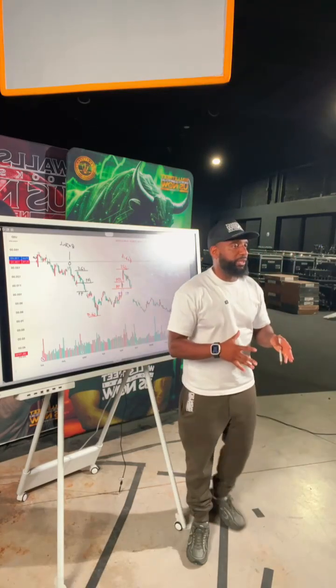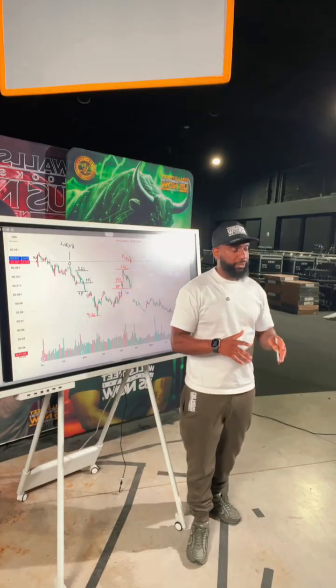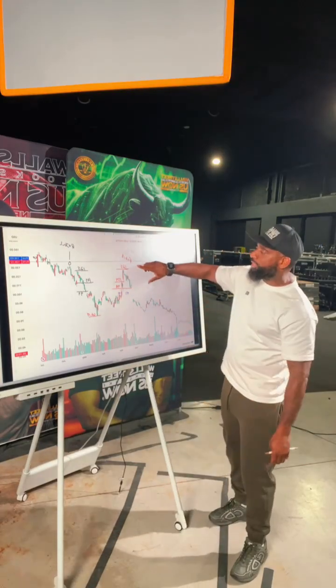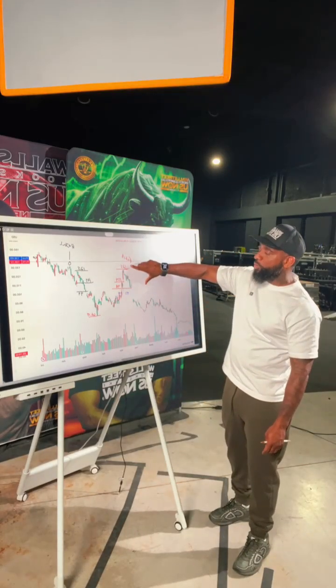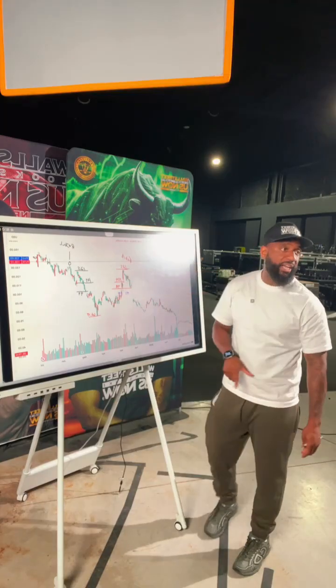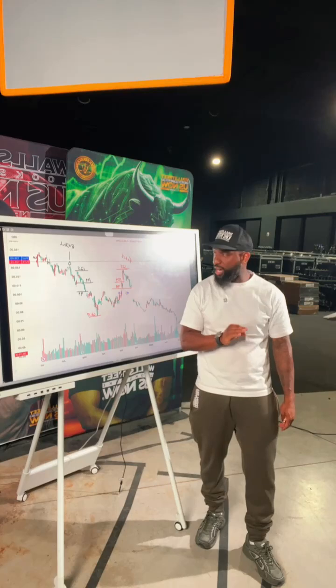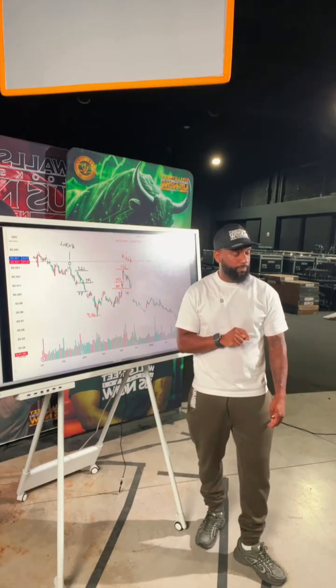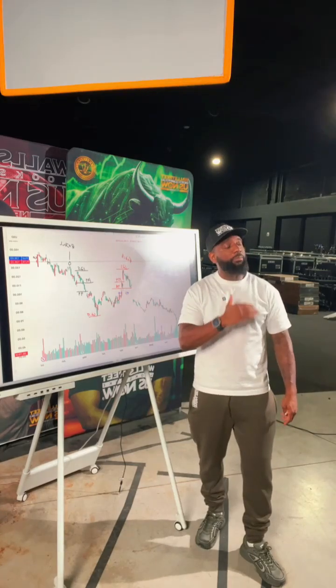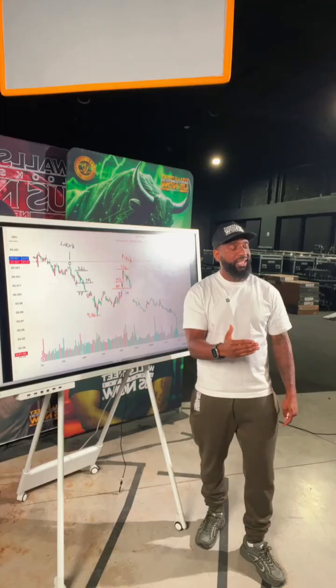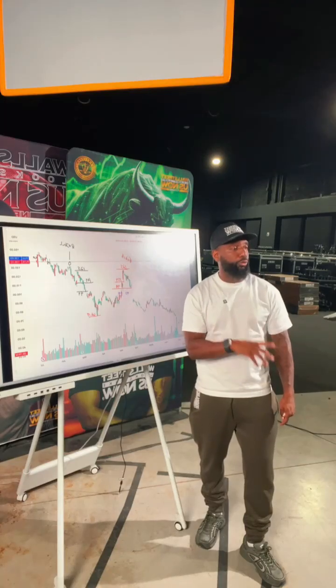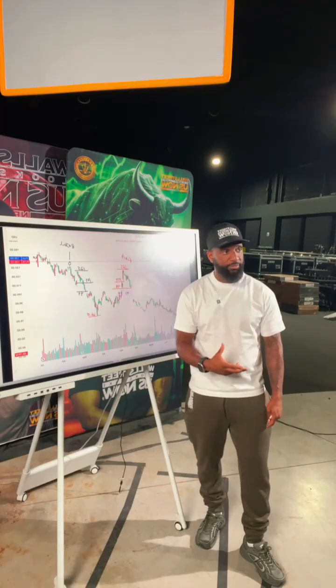Now, here's what I'm gonna get into that's gonna be really, really essential. From 125, we go down to 109. Now, this is gonna be essential right here. Remember what I always say to y'all: wicks represent rejections, candle bodies represent closure or confirmation.